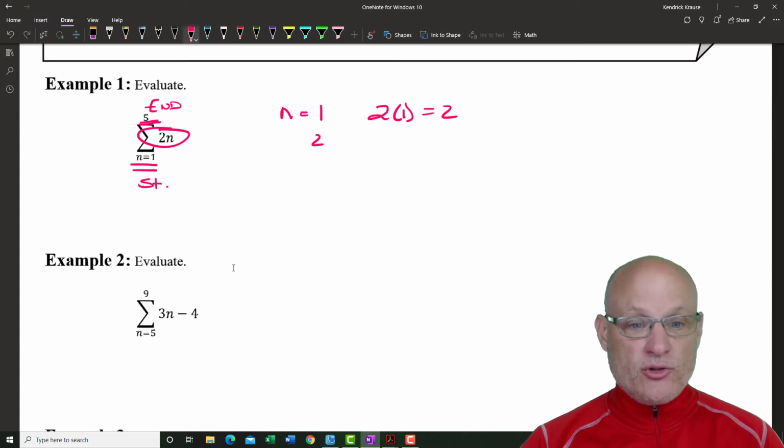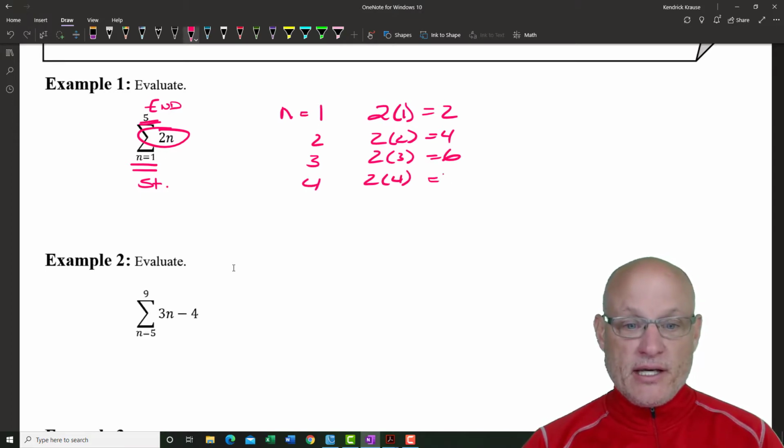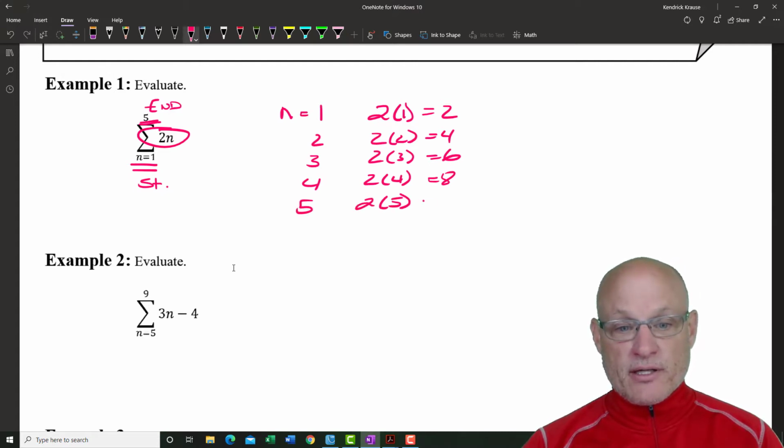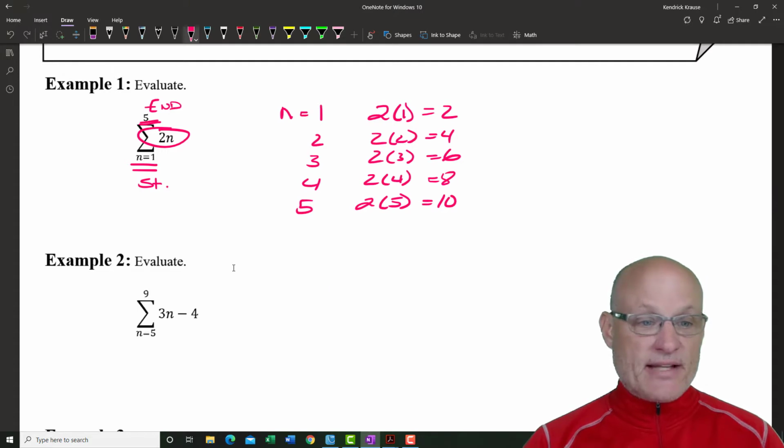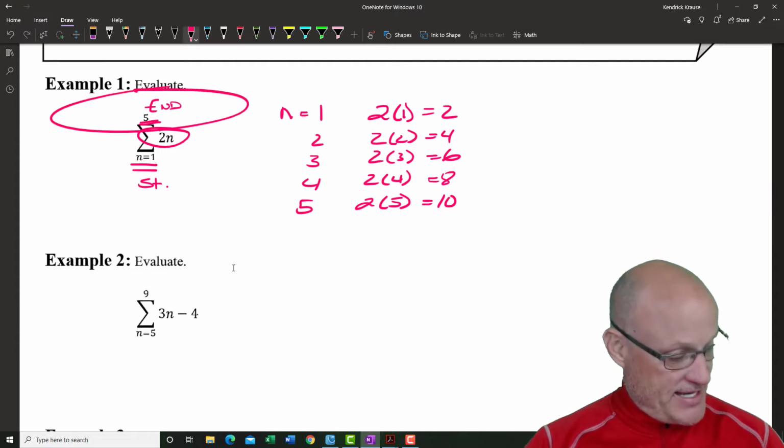When n equals 2, we're going to go 2 times 2, because the rule says take 2 and multiply by n. You get 4. And then we're going to do 2 times 3, and you get 6. And then you're going to do 2 times 4, and you're going to get 8, and then you're going to do 2 times 5, and we're going to get 10. Now that's it. I'm done, because it says stop at 5.